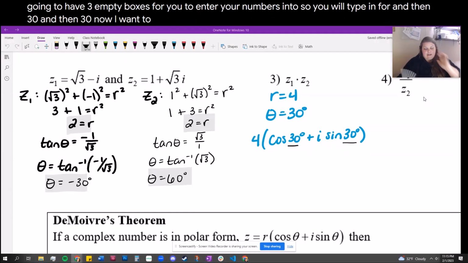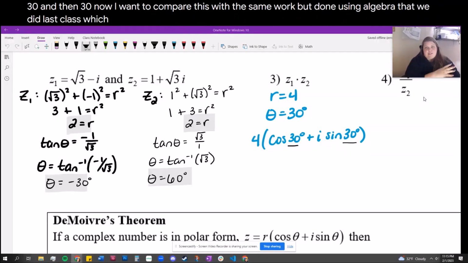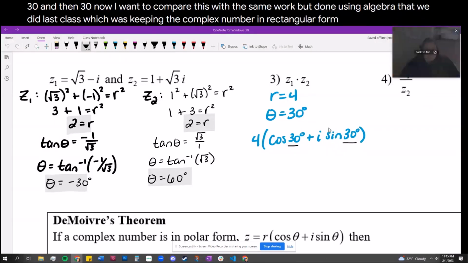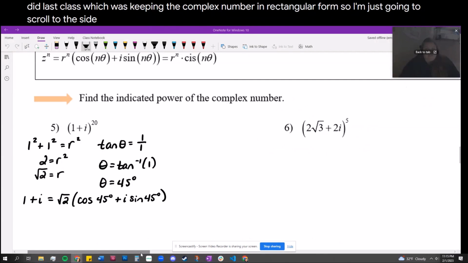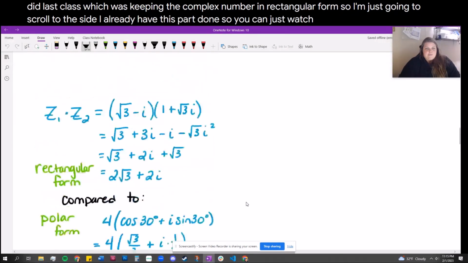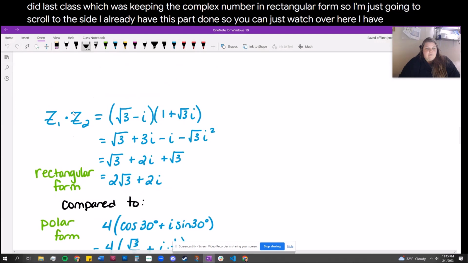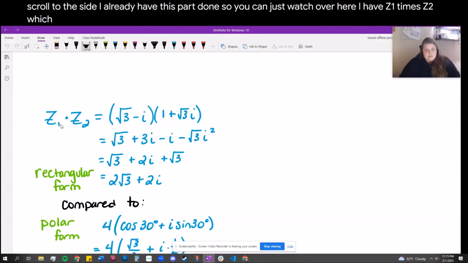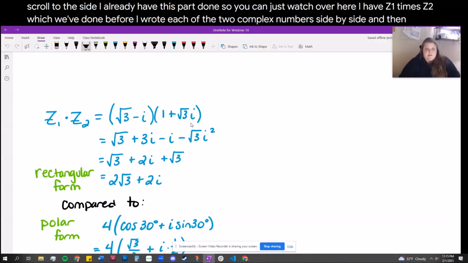Now I want to compare this with the same work, but done using algebra that we did last class, which was keeping the complex number in rectangular form. So I'm just going to scroll to the side. I already have this part done, so you can just watch. Over here, I have Z1 times Z2, which we've done before. I wrote each of the 2 complex numbers side by side and then distributed.